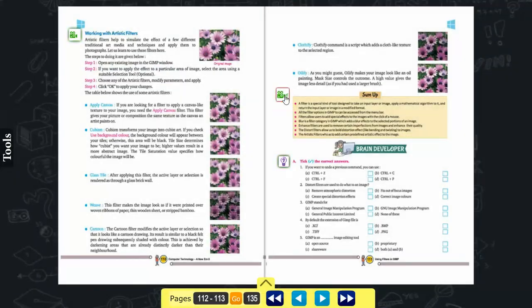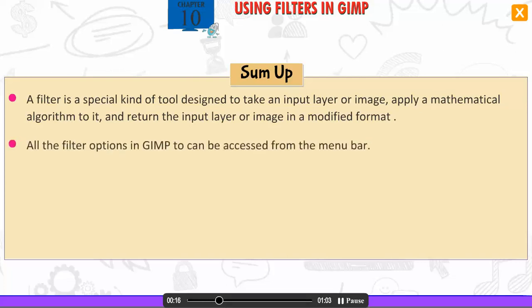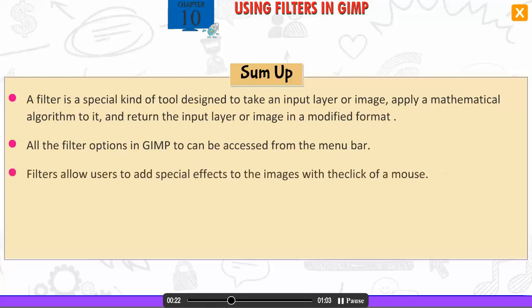Sum up. A filter is a special kind of tool designed to take an input layer or image, apply a mathematical algorithm to it and return the input layer or image in a modified format. All the filter options in GIMP can be accessed from the menu bar. Filters allow users to add special effects to the images with the click of a mouse.